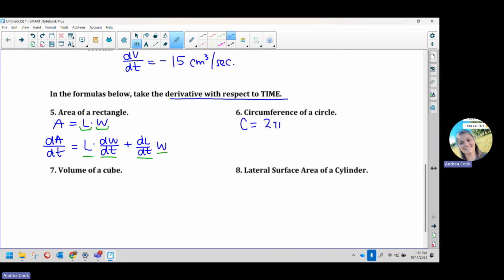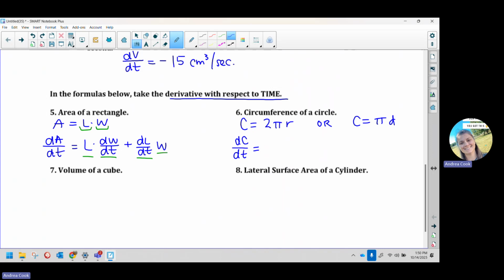is 2 pi r, or you can say that circumference is pi times diameter. So rate of change in circumference, so dC over dt. 2 pi is a constant. So I am doing a constant times a function.